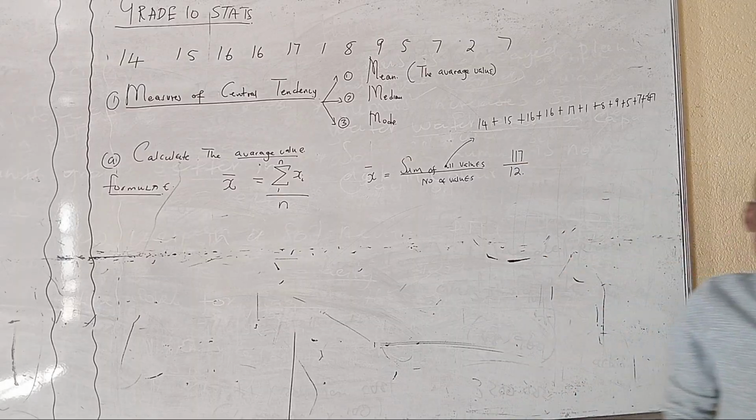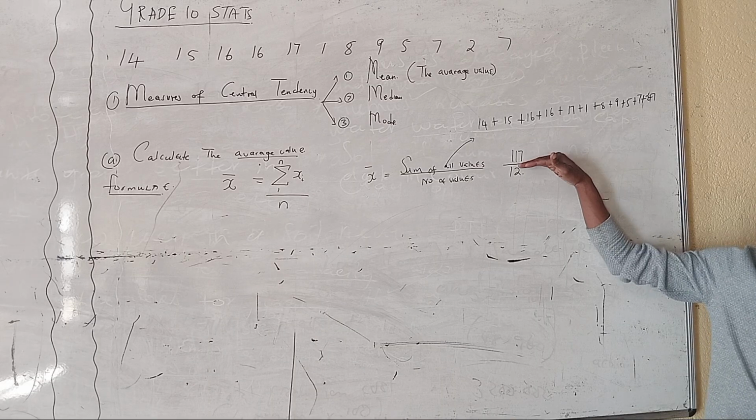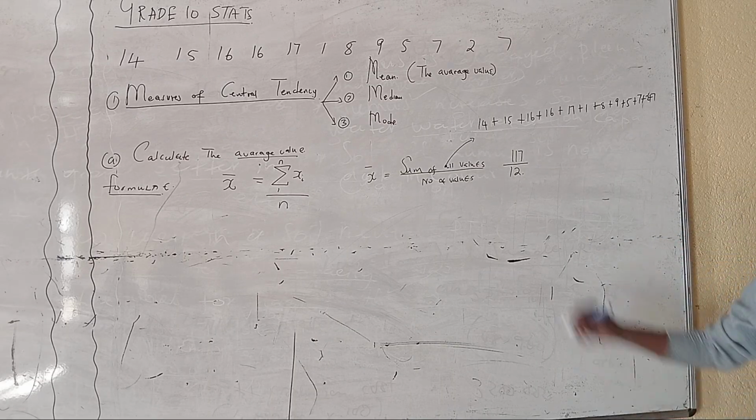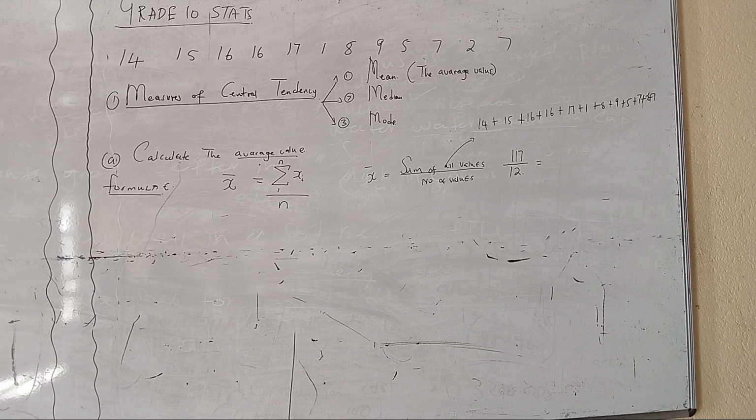So your mean is 117 divided by 12. We're going to round off to 2 decimal places. Your mean is 9,75.